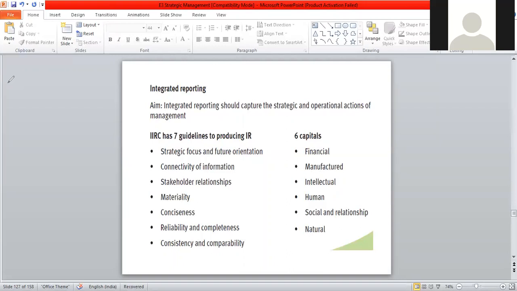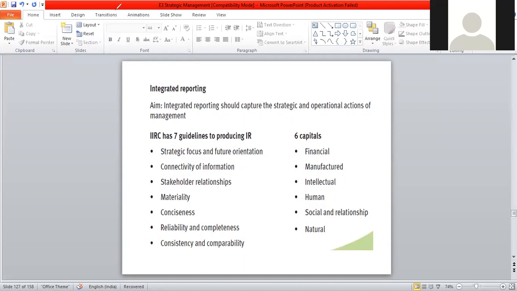Those reports should be integrated. Integrated means combined. They should be integrated with the financial statements of the organization and used for disclosing or publishing. So while reporting the financial statements, other aspects of the organization also should be integrated with the financial statements, and then disclosed.